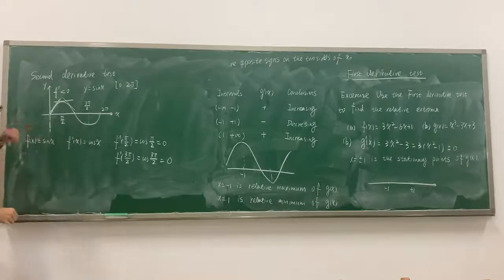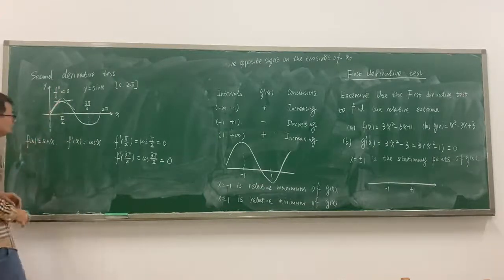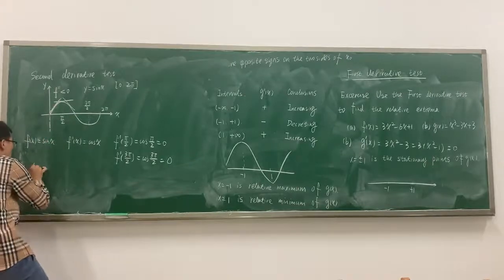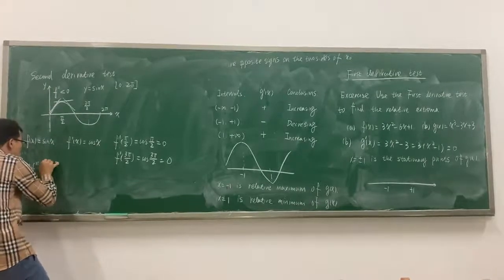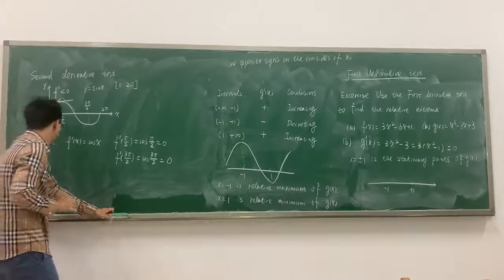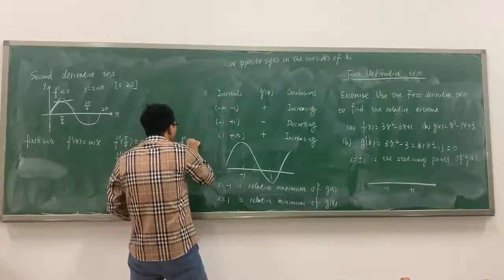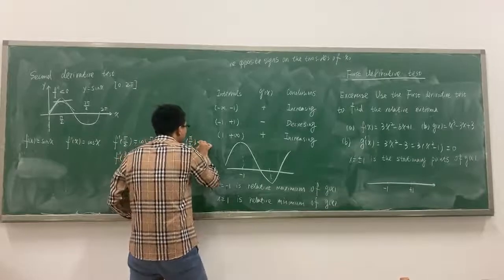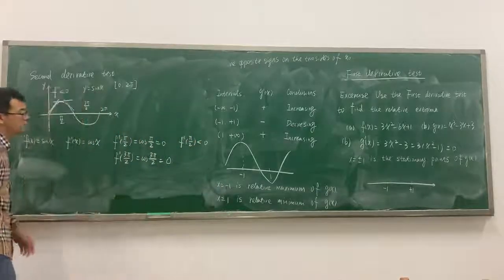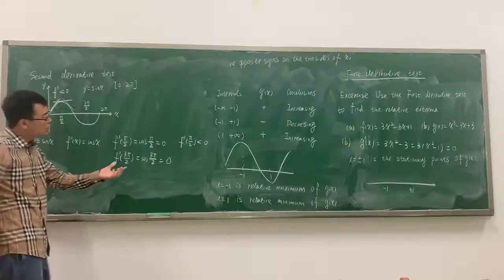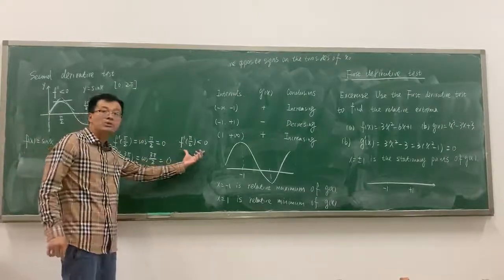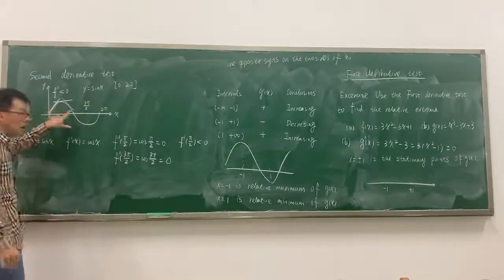So here means that f double prime of 1/2 pi is negative. Now, this conclusion we just see from the graph.